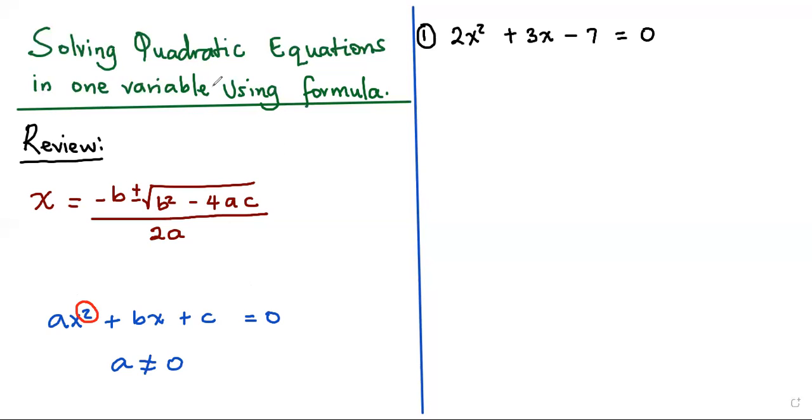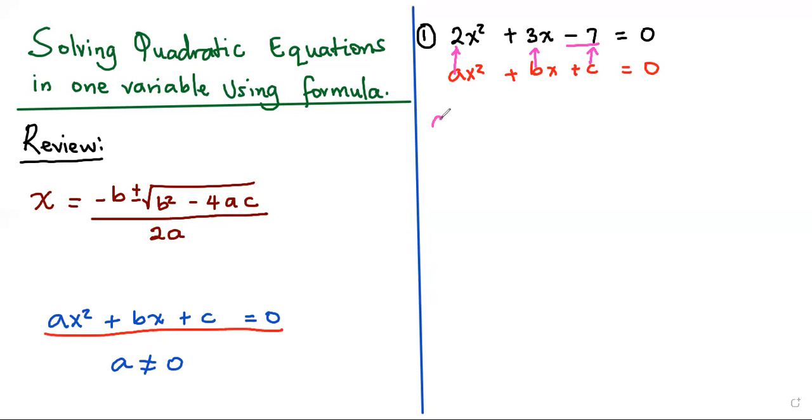Okay, so then, according to this general form, if we write it here as ax squared plus bx plus c is equal to 0, this means that a is 2, b is 3, and c is negative 7.